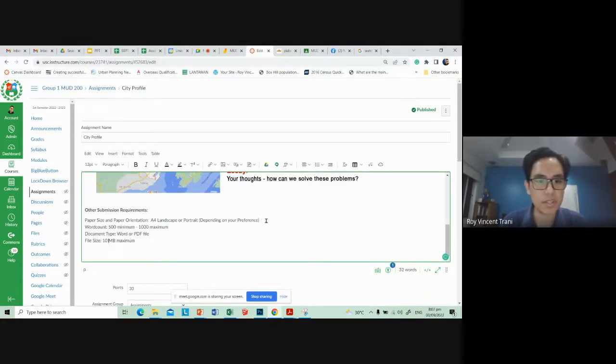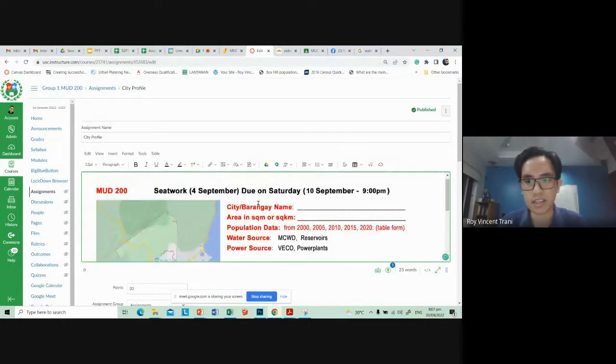And then submission, I'll just call it file type. You could submit a PowerPoint, PDF, PPT, or even a docx Word file, depending on your preference. Or Word doc. Okay, I think that's pretty much it.